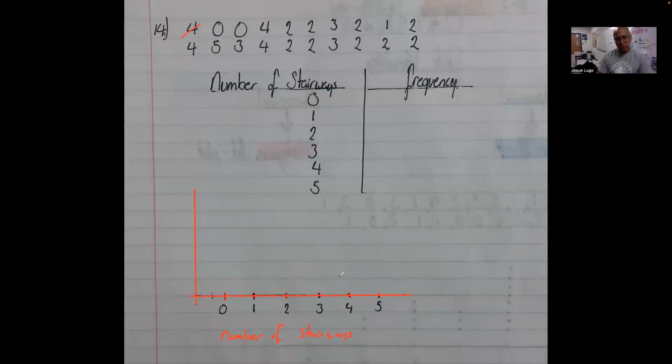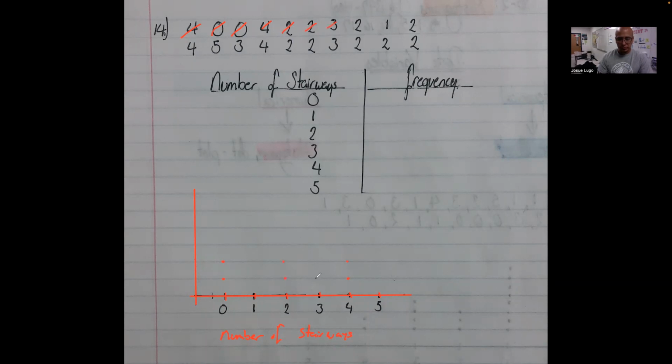Here's the number 4, cross it out. So I'm going to put number 4 right here. 2 zeros, so we have 0 and 0. We have another 4. We have a 2 and a 2.